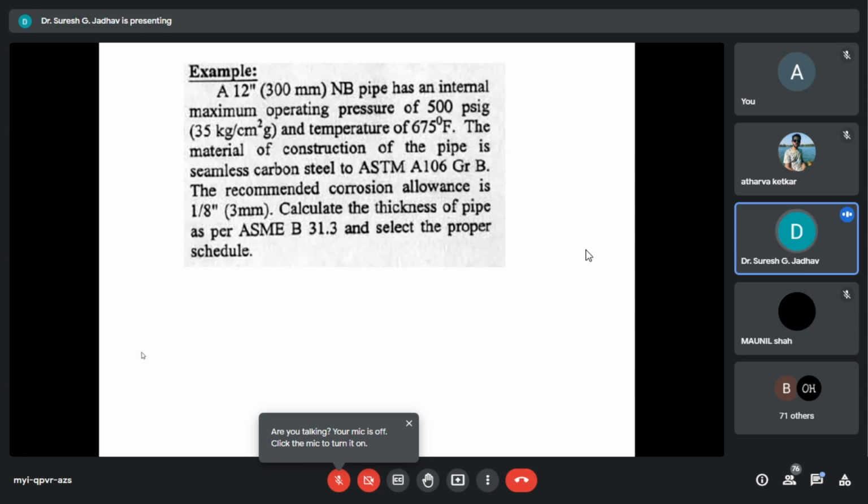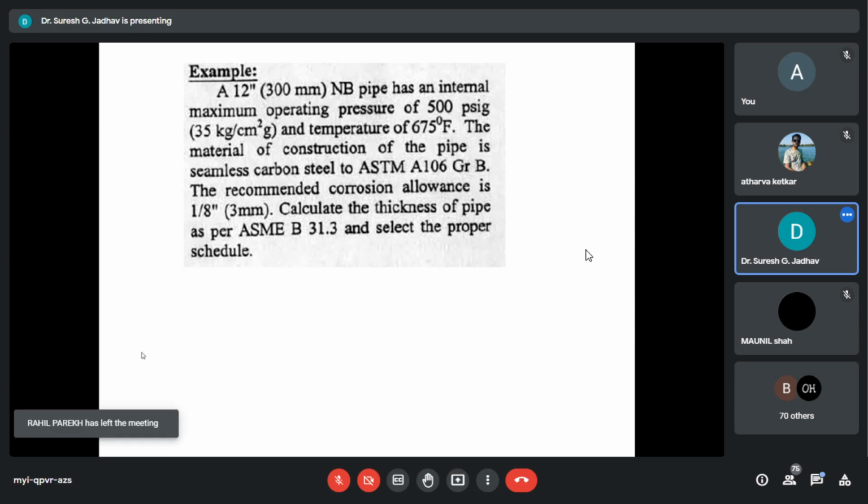Here the 12-inch, meaning 300 millimeter nominal bore pipe, has an internal maximum operating pressure of 500 psig, pounds per square inch gauge. That is 35 kg per square centimeter gauge. If you convert to these units, you will get 35 kg per square centimeter.